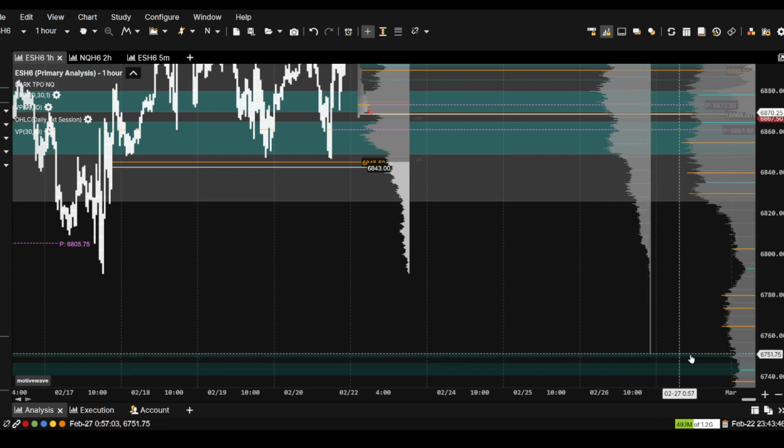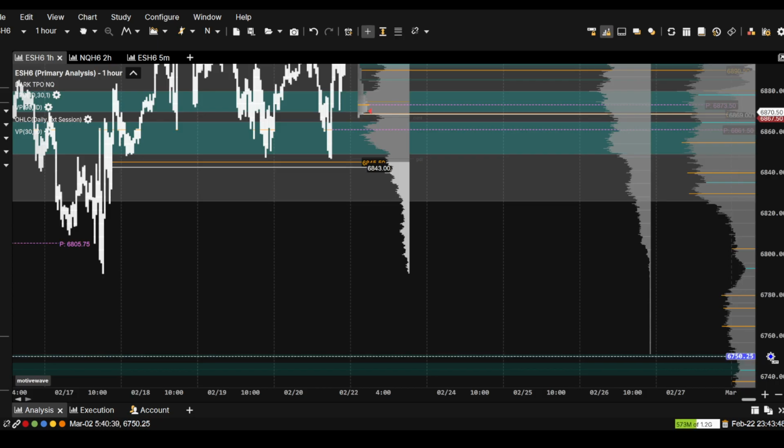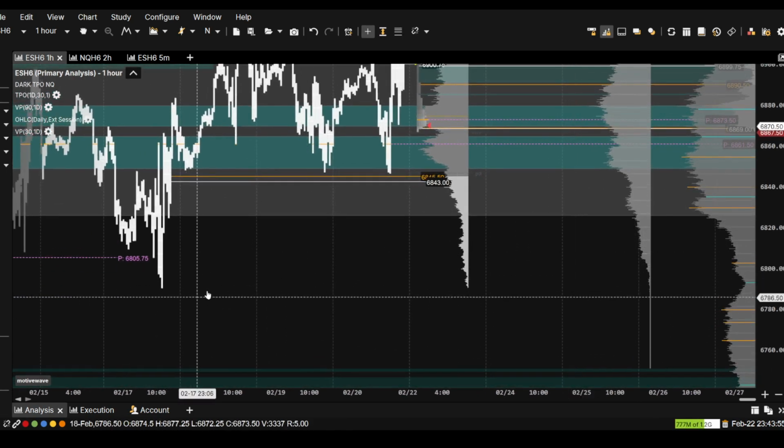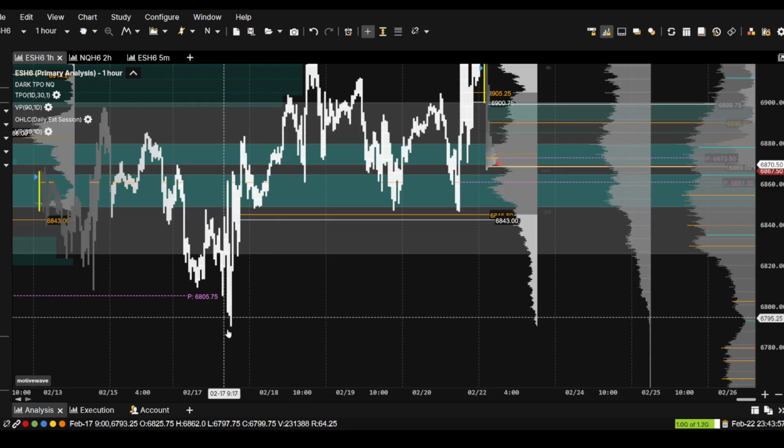In the volume, we could see this here, 13 days low. Here we have a finished auction.